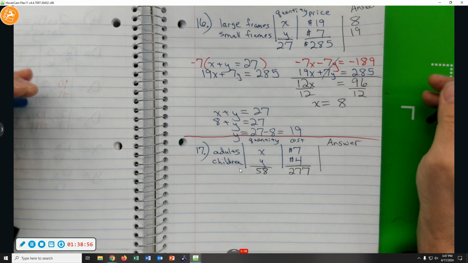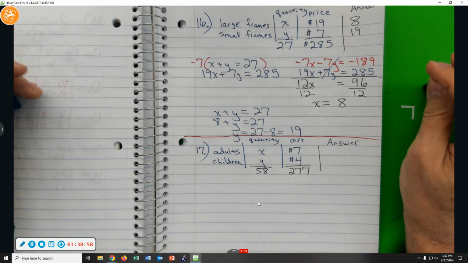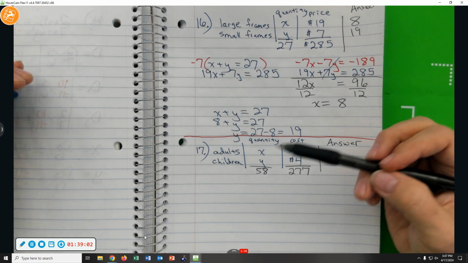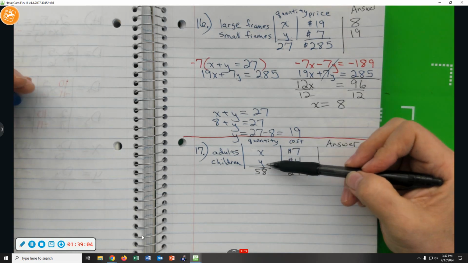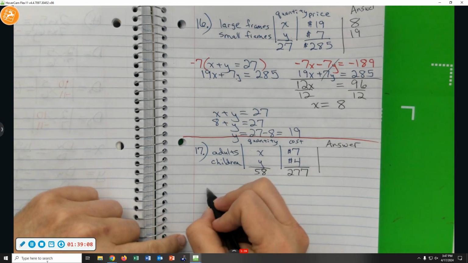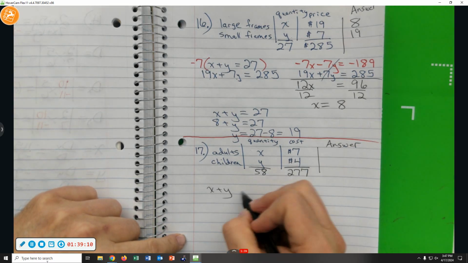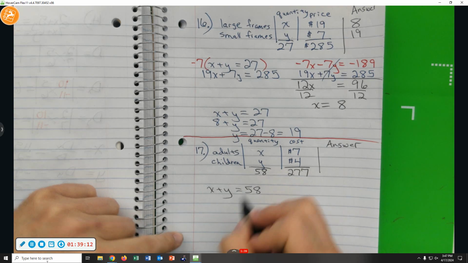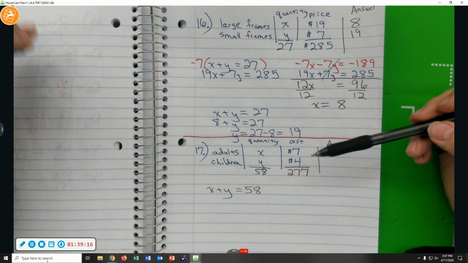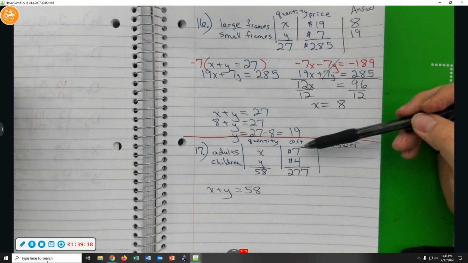Give me one of the 2 equations. X plus Y equals 58. X adult tickets plus Y children's tickets should equal the total number of tickets sold. Now our cost equation.